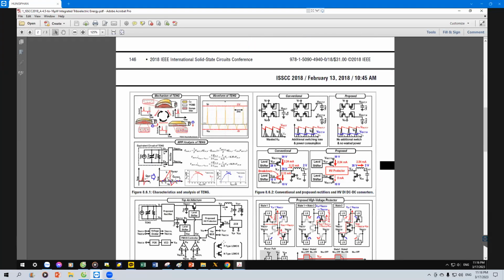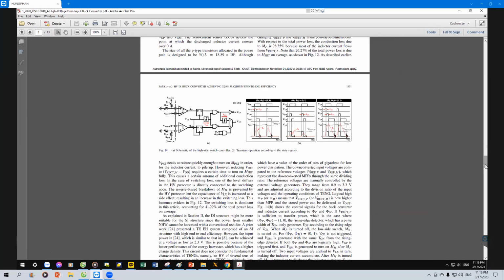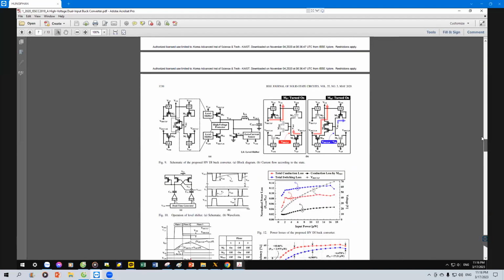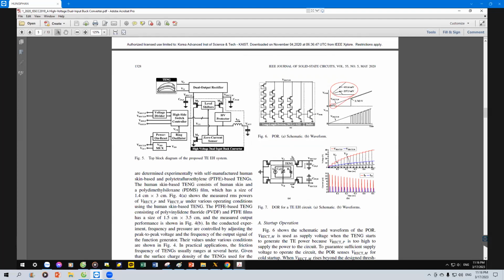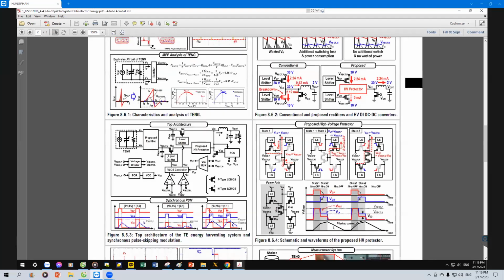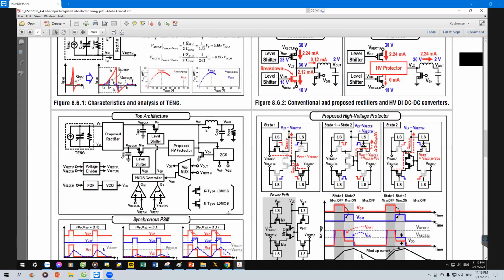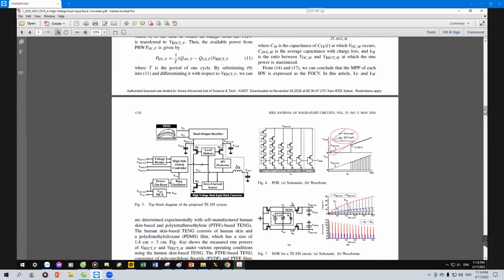So you add more figures and explanation to write a journal. For example, this circuit they will just briefly explain, but in the journal they will explain in more detail.